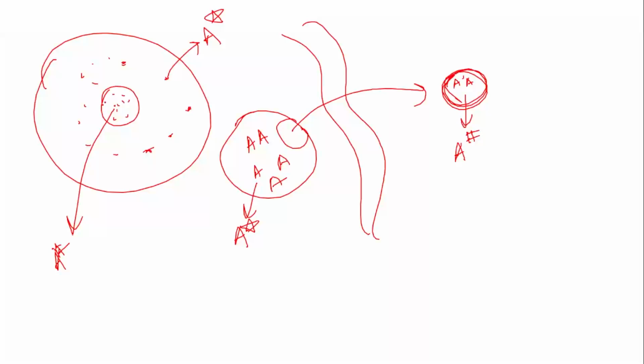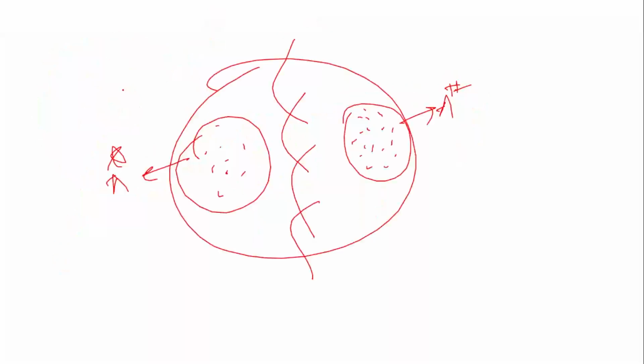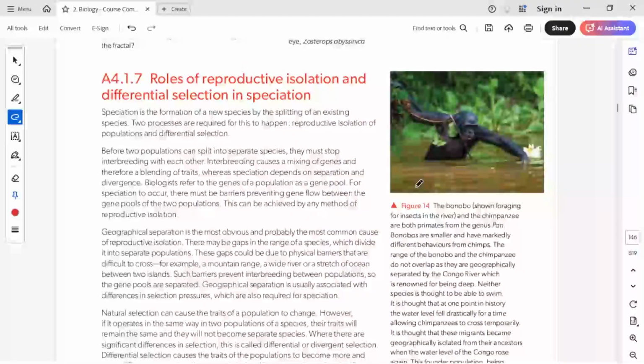So similar thing, whatever the reason is, it might be selective breeding, just as we discussed over here. Okay, so they are selectively interbreeding within themselves. This will lead to speciation, the formation of new species. And if interbreeding is not taking place because of some geographical barrier, that will also lead to the formation of new species. So all these are processes that lead to speciation, and these groups will be called reproductively isolated groups of the same species.